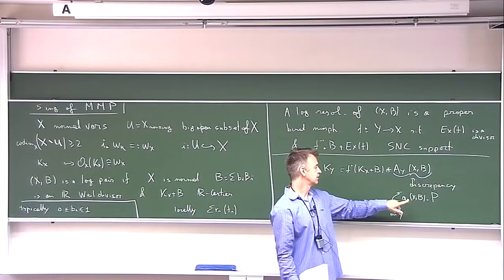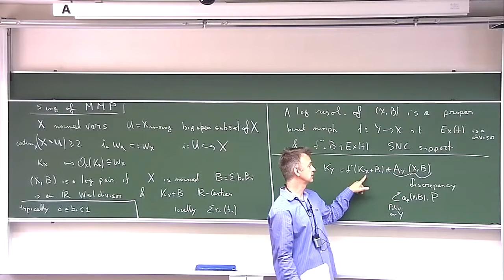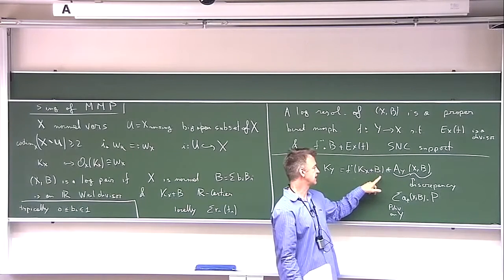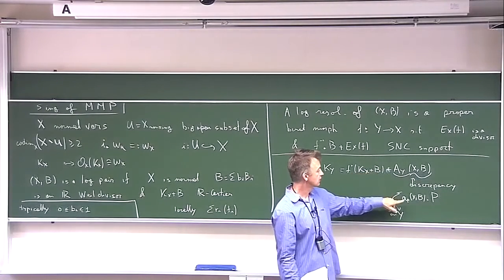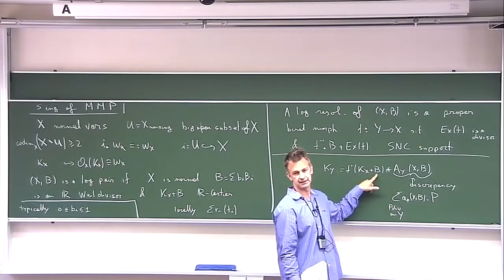In fact, this number is non-zero either on exceptional divisors for the map from Y to X, or on those divisors contained in the support of B, in which case the value of the discrepancy is just minus the coefficient of B.